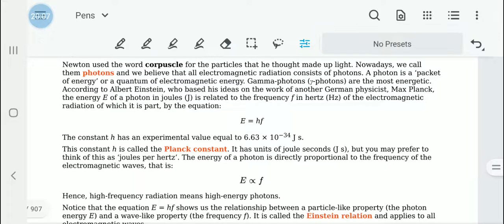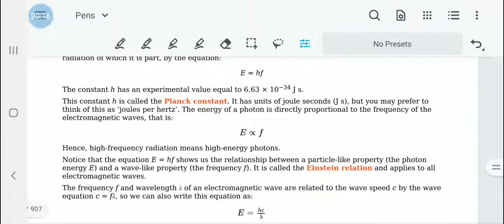So as a result, we can understand that the energy of a photon is directly proportional to the frequency of the electromagnetic wave.